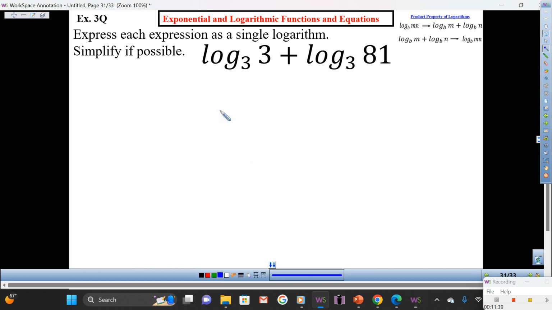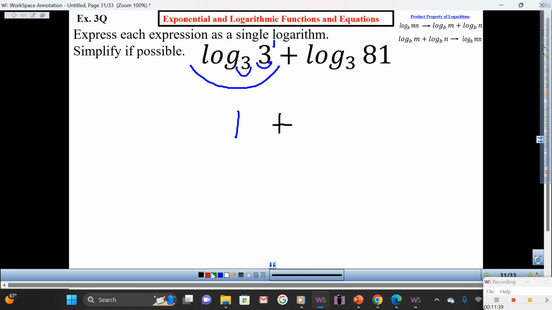Get us started, please. What is this, Joel? Which is? You said 3 to the first? So if these are the same, what is the answer for this? 1, that is correct.